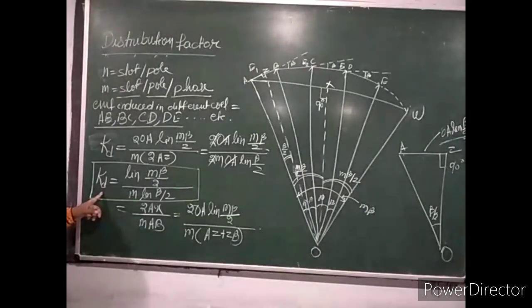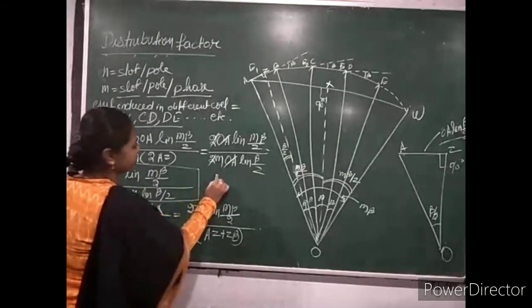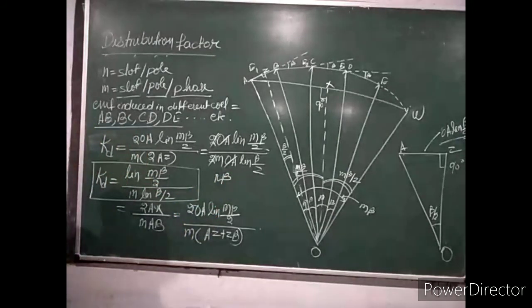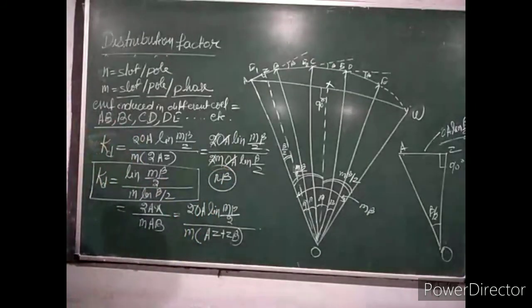If the waveform consists of harmonics, let it be the rth harmonic, then in place of beta you write r into beta.